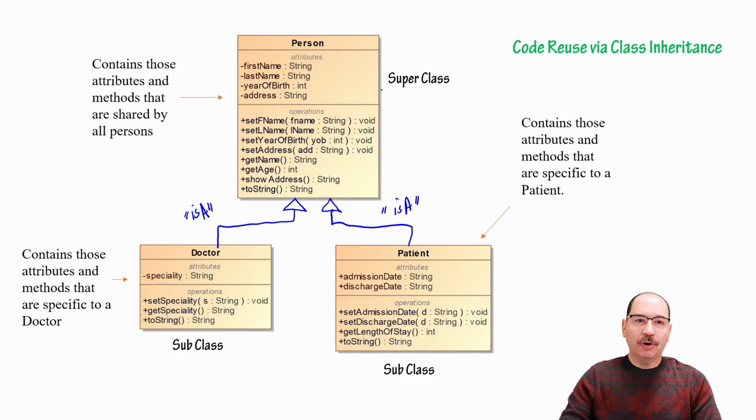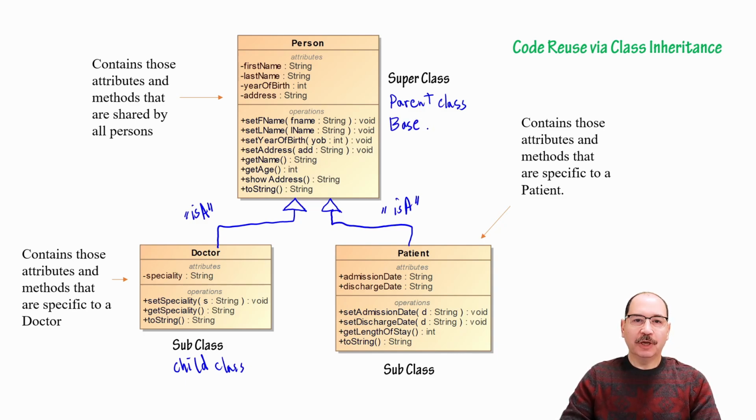So now we call the person class a superclass, and the doctor class and the patient class subclasses. We may call the person class a superclass, or a parent class, or a base class, and we call the doctor class a child class, or a derived class.